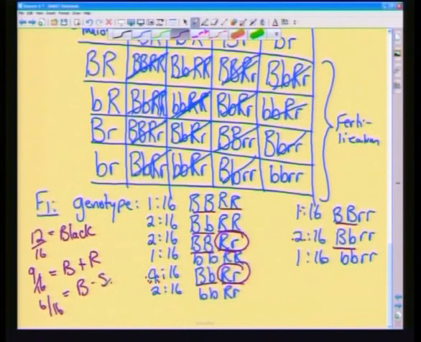And we then look at white, we've only got 1, 2, 3, 4. So 4 out of 16 are going to be white. But of those 4 out of 16 with white coat, we're going to have 3 out of 16 with a rough coat.